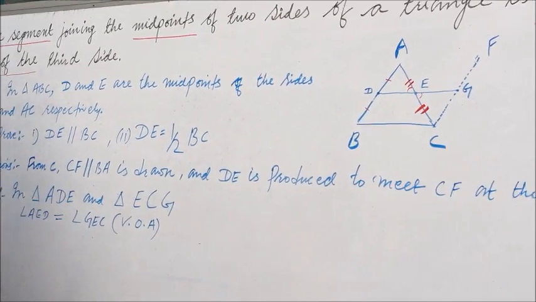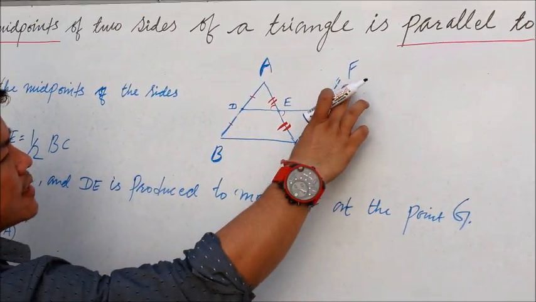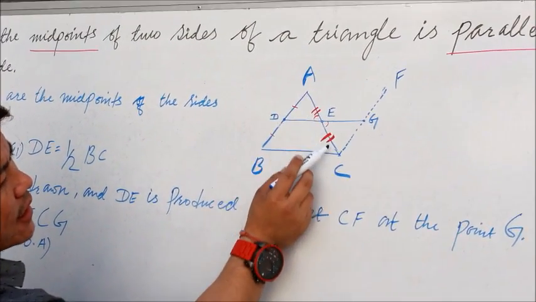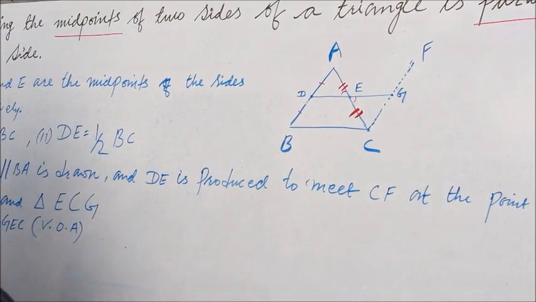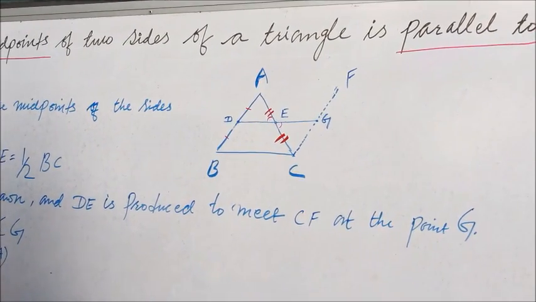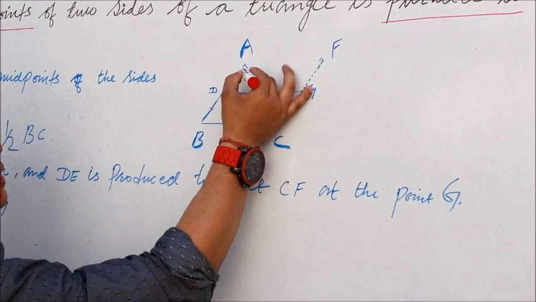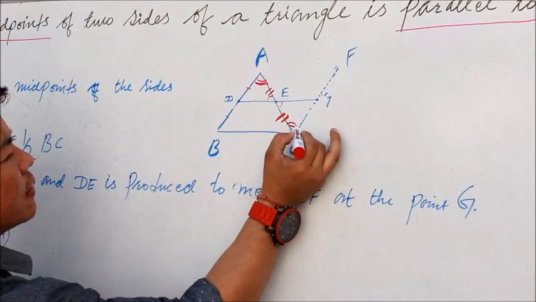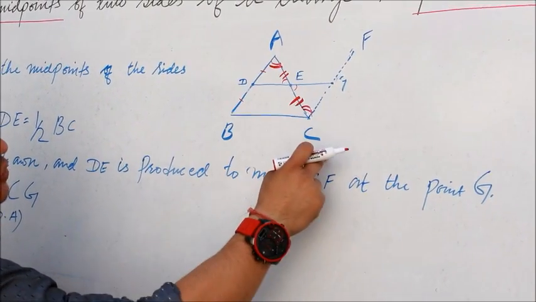Now another part, what part is equal? Now see, from the construction we can see that this line CF is parallel to BA, and if we take this AC as transversal, then interior alternate angles are formed. This angle is equal to this angle. Why? Because CF is parallel to BA and AC is the transversal.